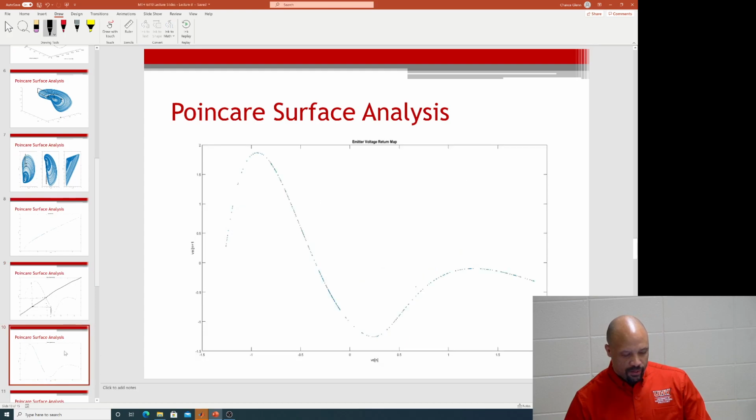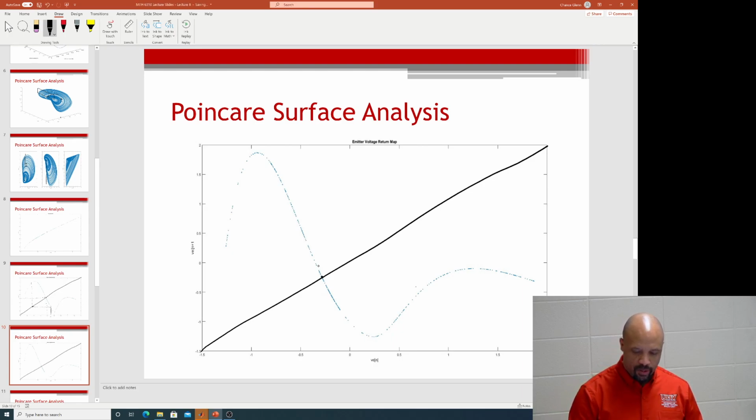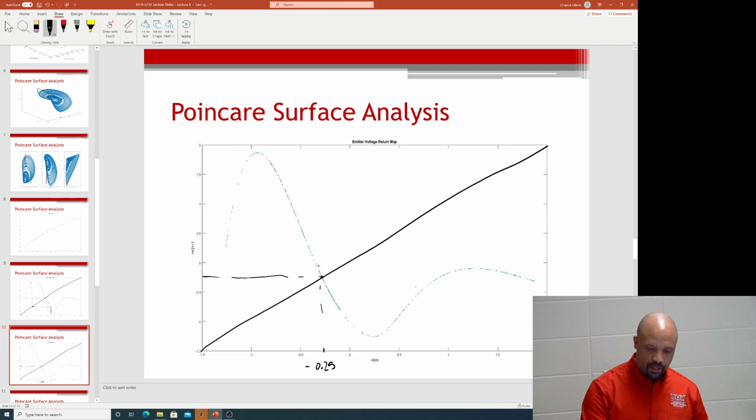Same thing with, if we looked at VE, and again, let's draw this line. And here's the fixed point here, which is roughly minus 0.25 or something like that, right? That's the fixed point for the V sub E curve.